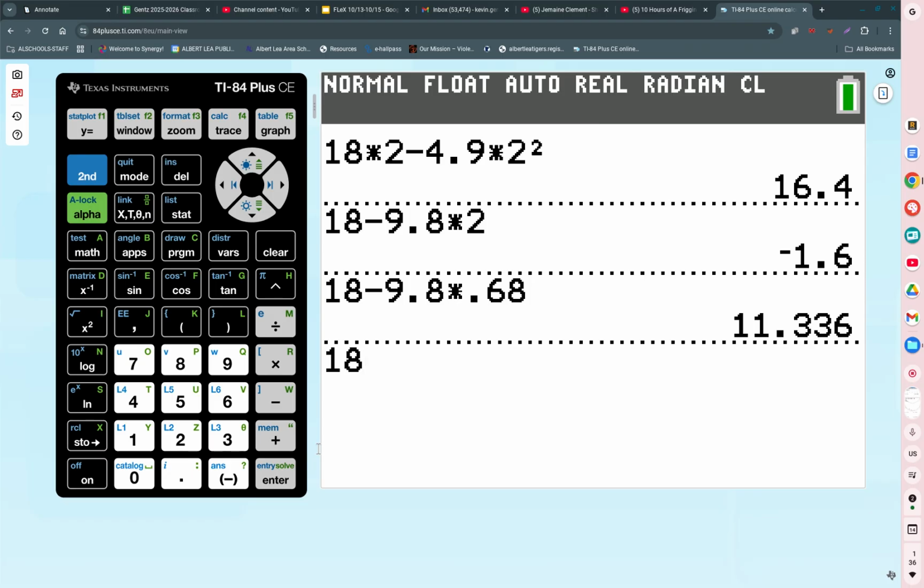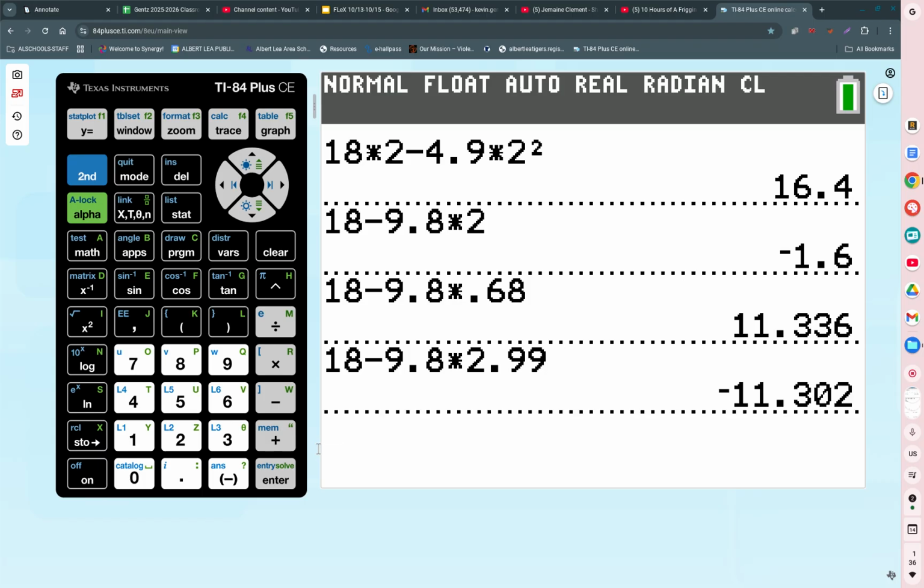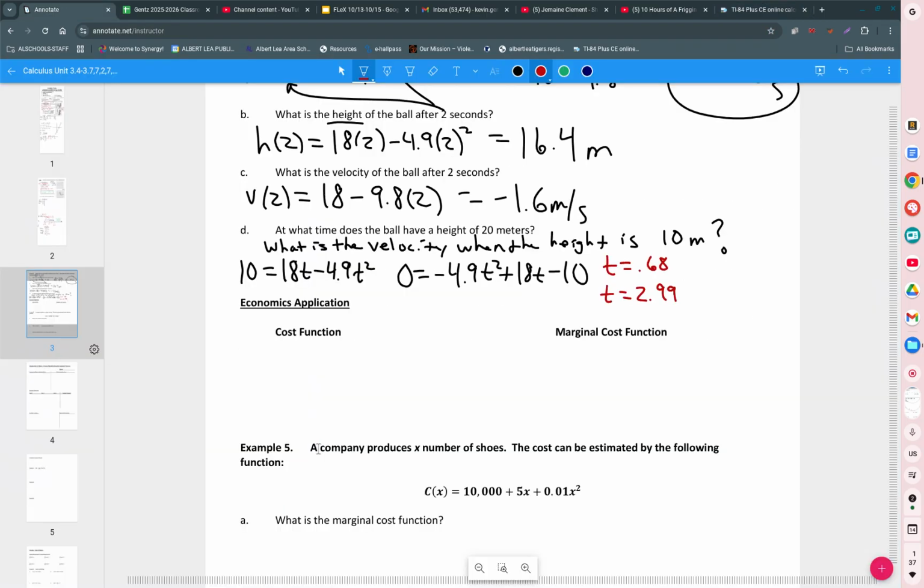If I take 18 minus 9.8 times 2.99, I get basically the same value, don't I? It's just negative. That would make sense, wouldn't it? So we'll say 11.3 and negative 11.3, just so we're consistent. 11.3 meters per second and negative 11.3 meters per second.